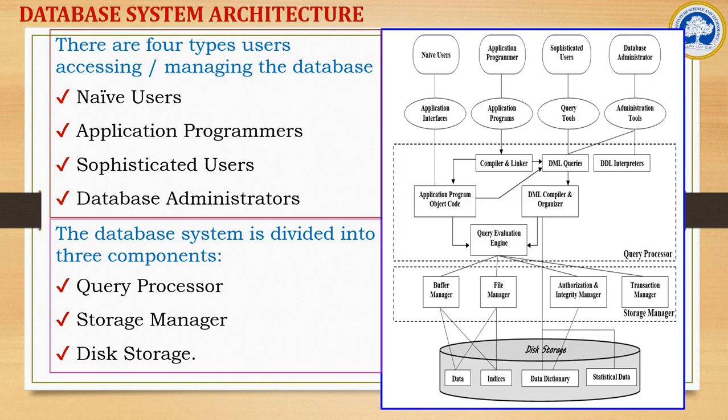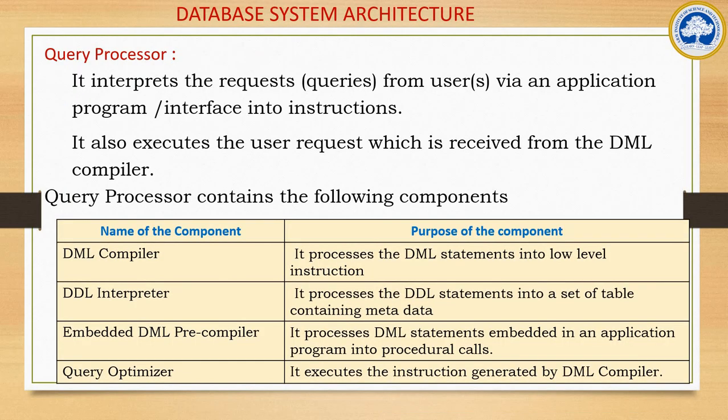Now we are going to discuss one by one how the query processor, storage manager, and disk storage help us in the database. The query processor interprets the user's request given through the API. That is converted and processed by the query processor. It also executes the user requests received as DML queries or DDL.